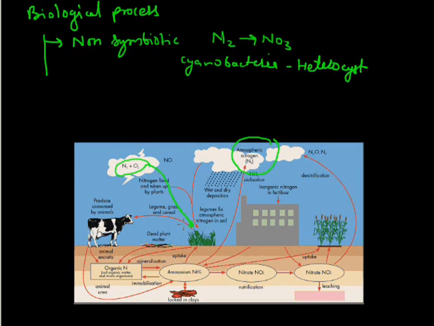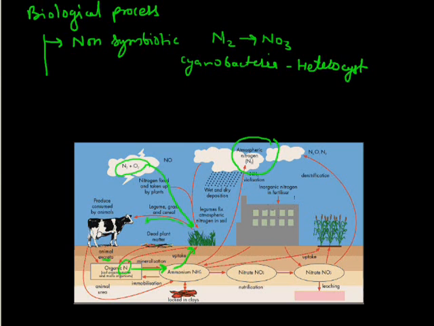Second, these plants are utilized by living beings or animals, and they produce excreta. It contains urea or other nitrogenous waste material. This nitrogenous waste finally converts into ammonia, and this ammonia again converts into nitrates. So this is the biological process here.